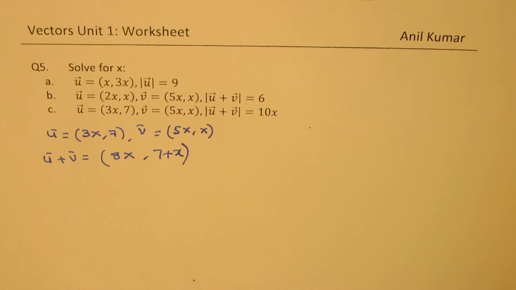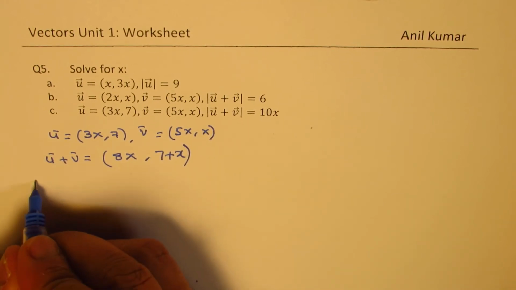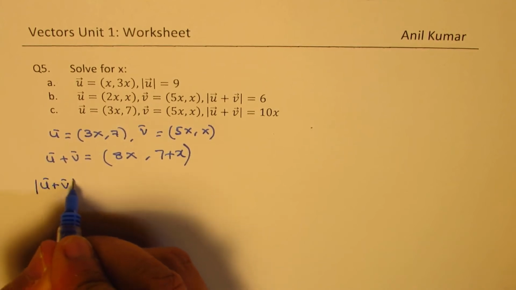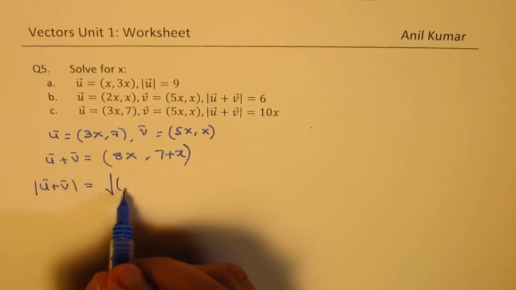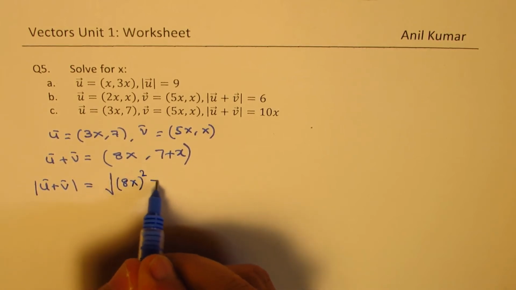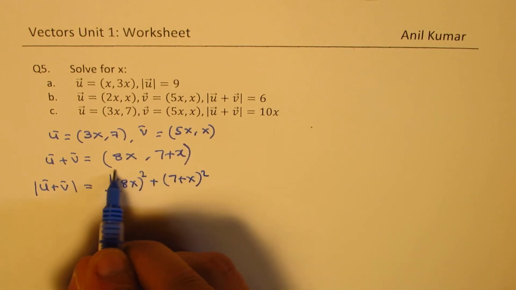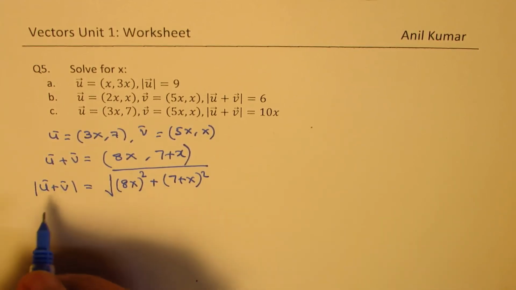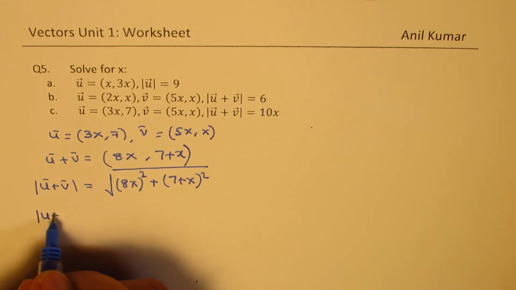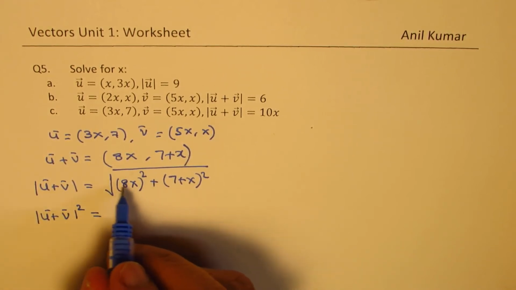Now, magnitude of this sum is what? Magnitude of u plus v will be square root of 8x whole square plus 7 plus x whole square, correct? Now it's a good idea to also write this as the square of this magnitude, equal to all this.